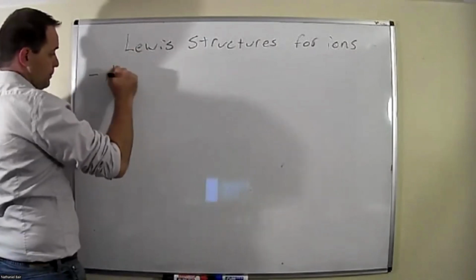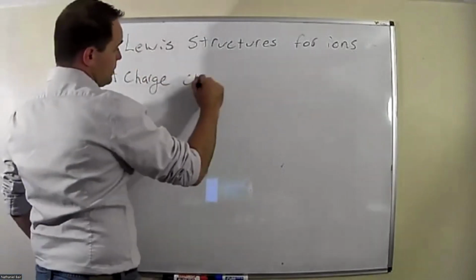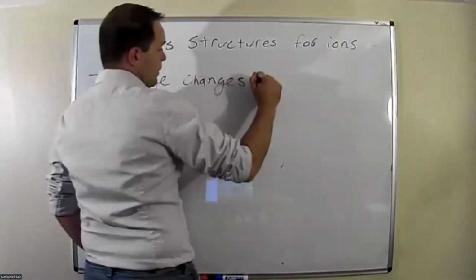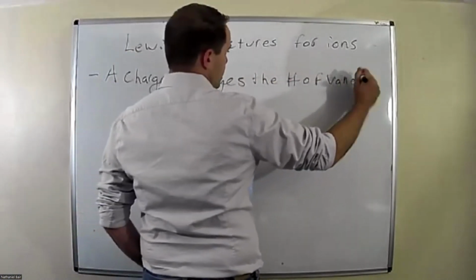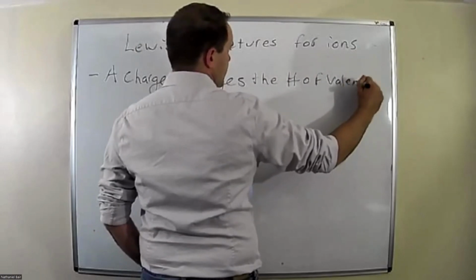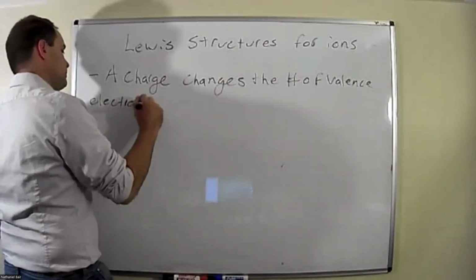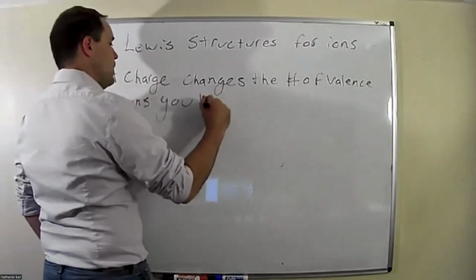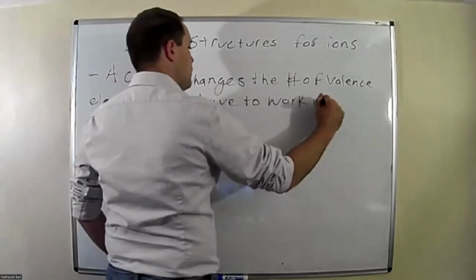A charge changes the number of valence electrons you have to work with.